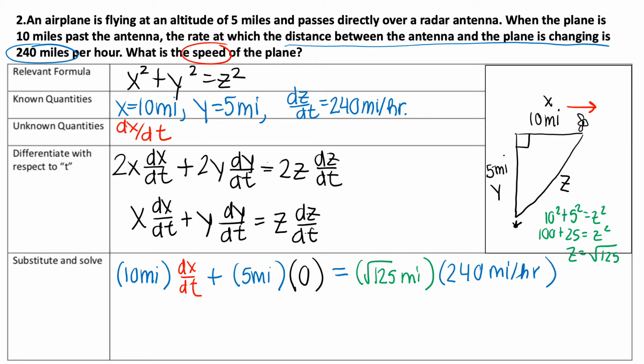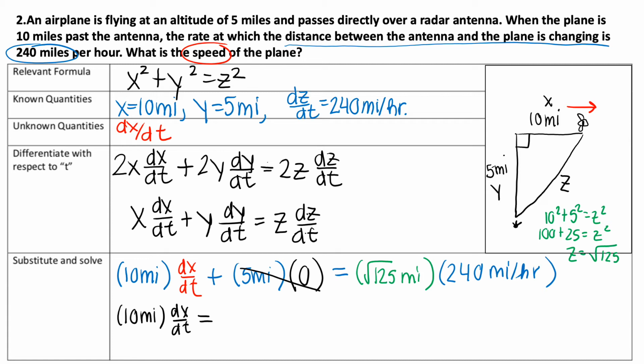Okay, from here, I'm going to go ahead and start simplifying. So I'm going to leave this as 10 miles dx/dt, that's what we're looking for, plus 5 miles times 0 is actually going to go away. And this is equal to 240 times the square root of 125.